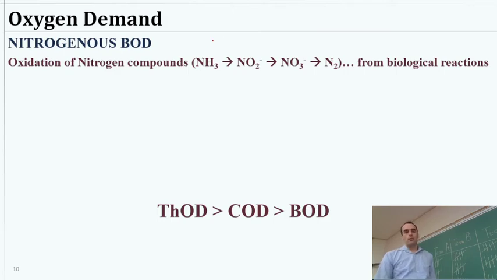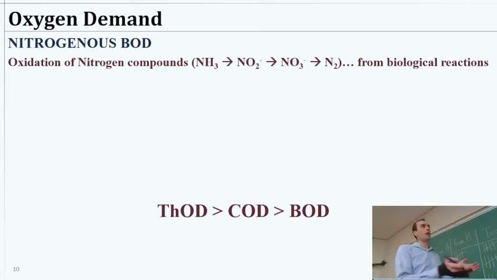Okay, so anyway, the system here is requiring oxygen from the water, right? So you're depleting oxygen by doing these nitrogenous oxidations, we'll call them. We can think of those as something that would probably be in addition to the carbon, the straight up BOD, but a lot of times they'll be kind of mixed into the same, and we'll be observing them both at the same time doing our analysis.